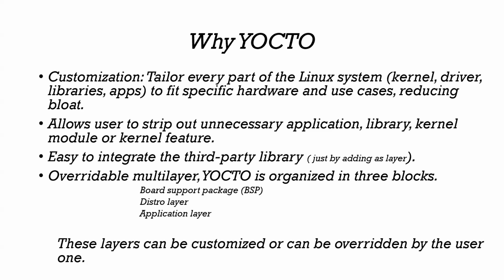The wolfSSL team has created a layer for Yocto, and I will just pull that into my build environment. I will add that layer in my layer file, and I will just build, and that's it.